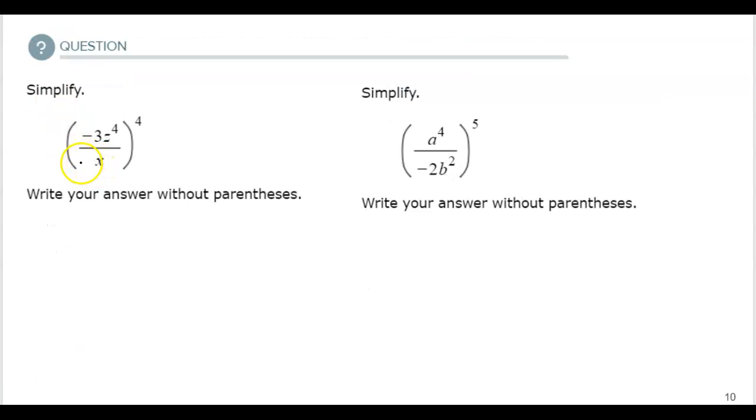So we have an exponent in the denominator now, but that does not change how we approach this. That's negative 3 to the 4th. Oop, that'd be 1 times 4.